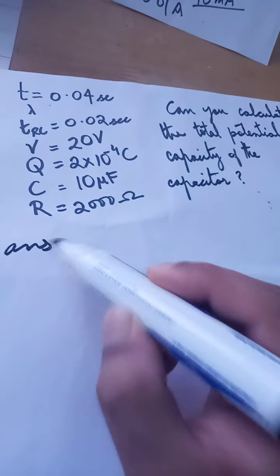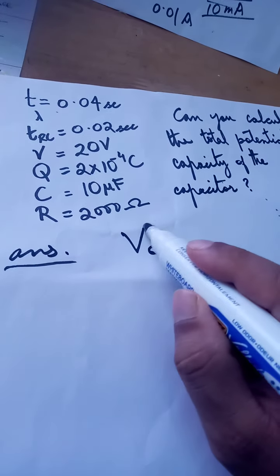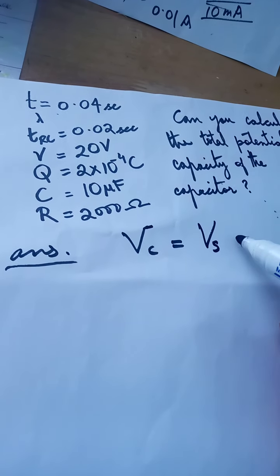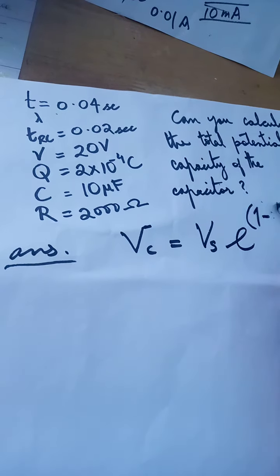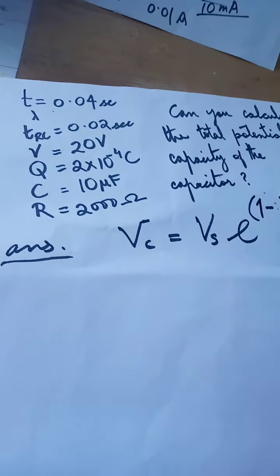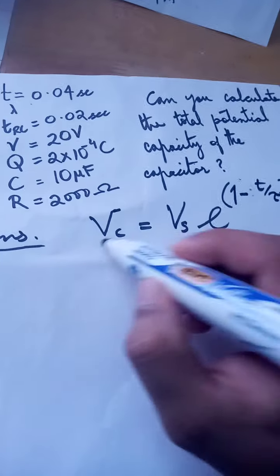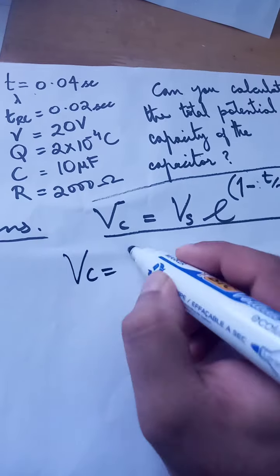Can you? Yes, you can. The answer would be the voltage able to be pushed into a capacitor equals voltage supplied, times exponent 1 minus T over tau. What's tau? Tau is the RC. There's the time cycle. So I'll be using this. So I'll simplify this equation.